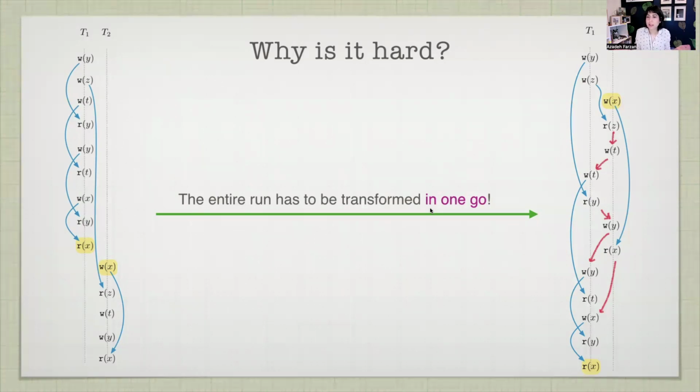You will see that in the run on the right, you really have very little wiggle room. You may have a little power to move the write X and the read X on the right thread a few events up and down, but more or less, for you to make this argument, you would have to remember the entire left run and transform it as a whole to the one on the right.